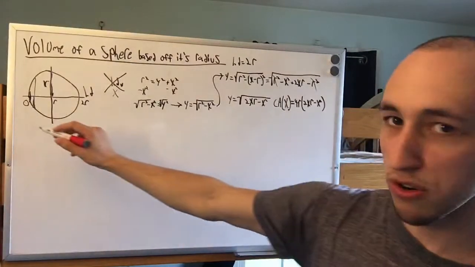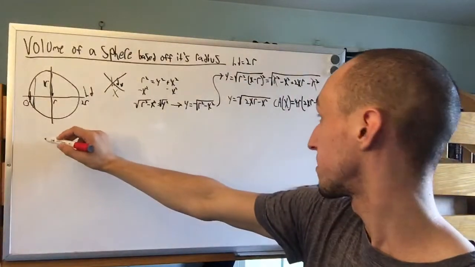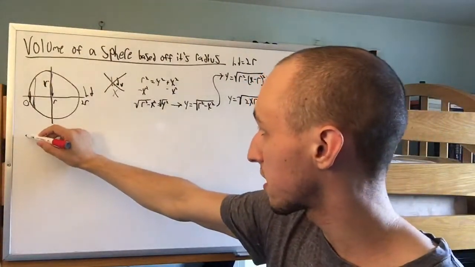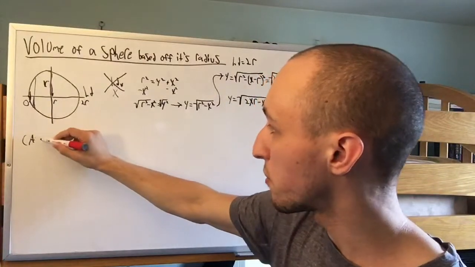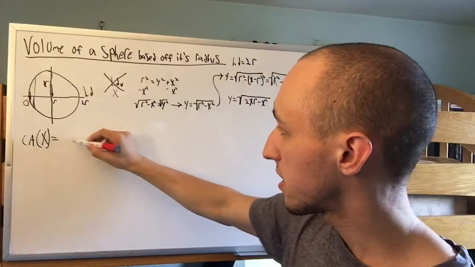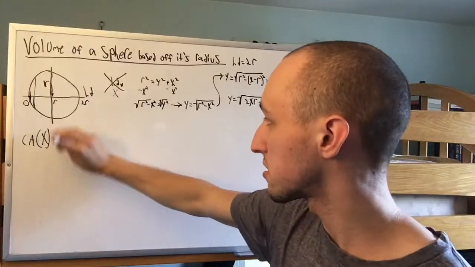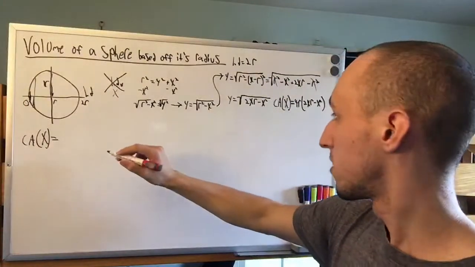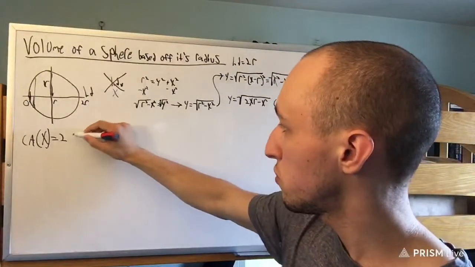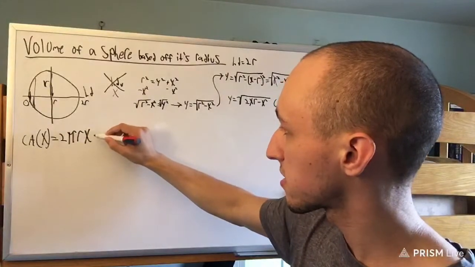All right. So now we're going here. Okay. I'm writing in big letters this time. I'll rewrite this. CA of x equals 2 pi r x.